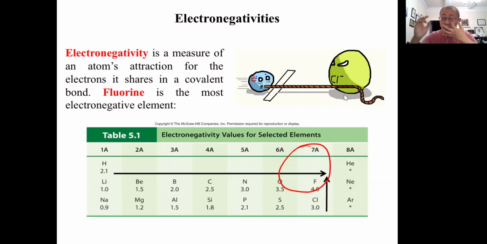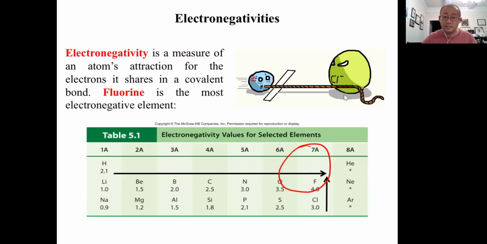Among these elements, oxygen, fluorine, chlorine, nitrogen, etc., fluorine is the most electronegative element. Think about the trend: left to right, increase; top to bottom, decrease. So the top right corner one has the strongest electronegativity, that is fluorine. You can see the fluorine value of 4.0 is higher than all other elements.